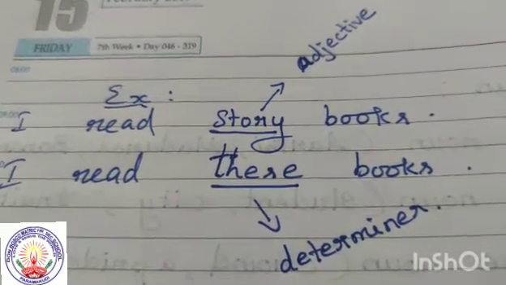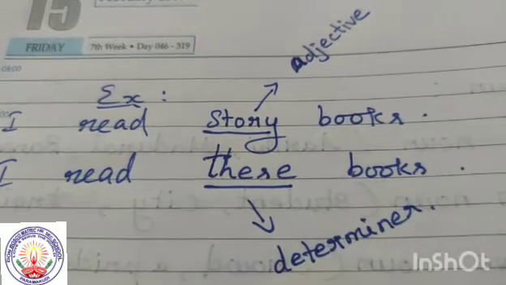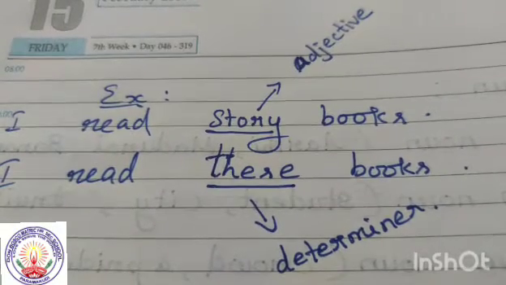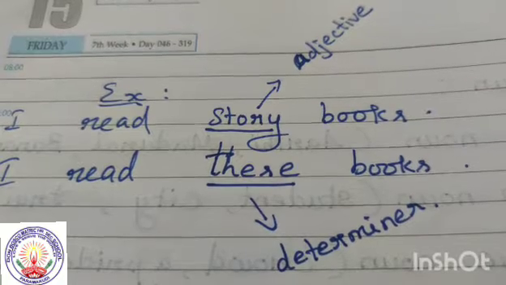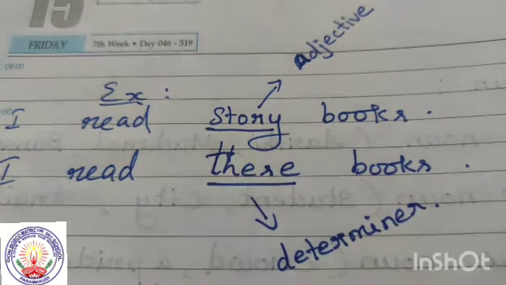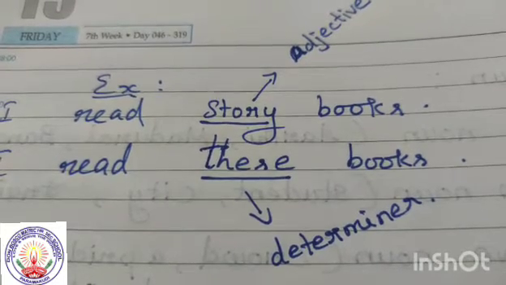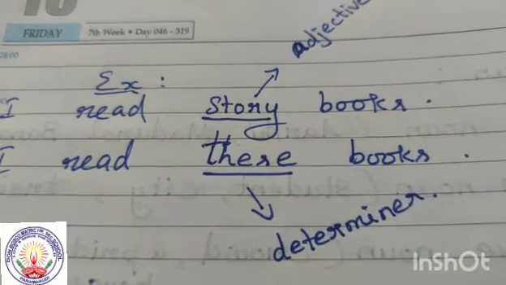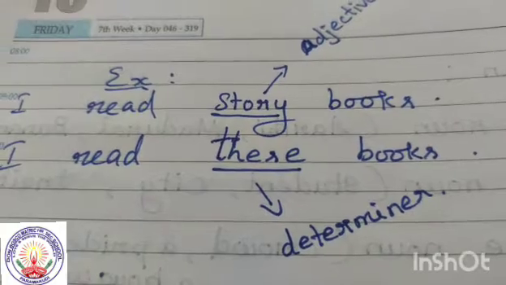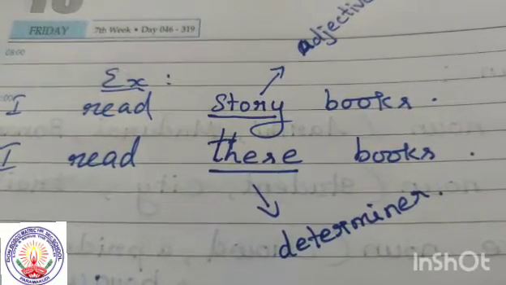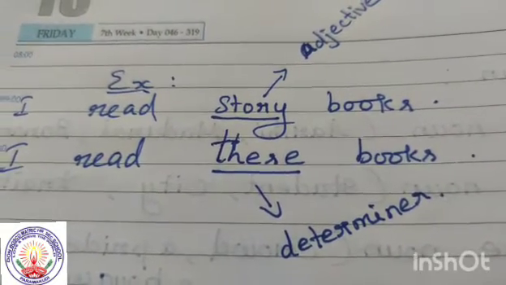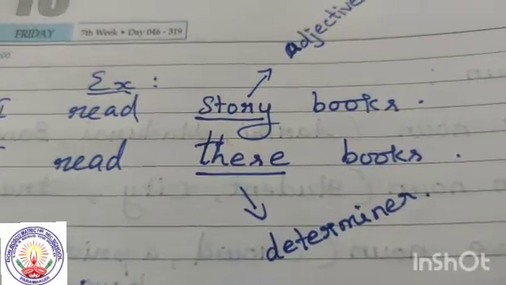And in the next sentence, these books. The determiner also comes before the noun books, but the word these does not qualify the books. It points out the books. இதை வந்து குறிப்பிட்டு காட்டுது.